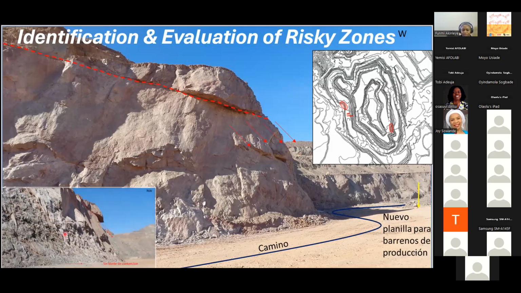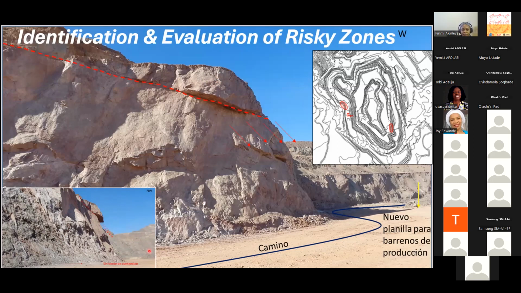You see how the rock is hanging, but someone driving through, because of the perspective they are coming from, might not even know, and this is the road, and it could potentially hurt somebody. So it's about identifying risk and informing everyone so that everyone is safe and no one gets hurt.